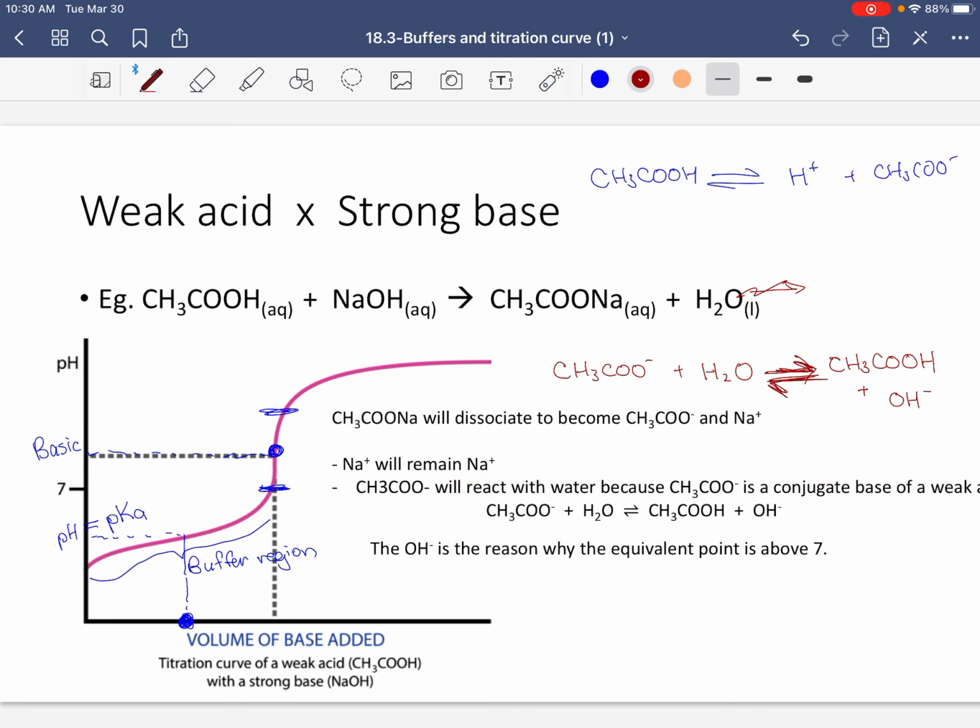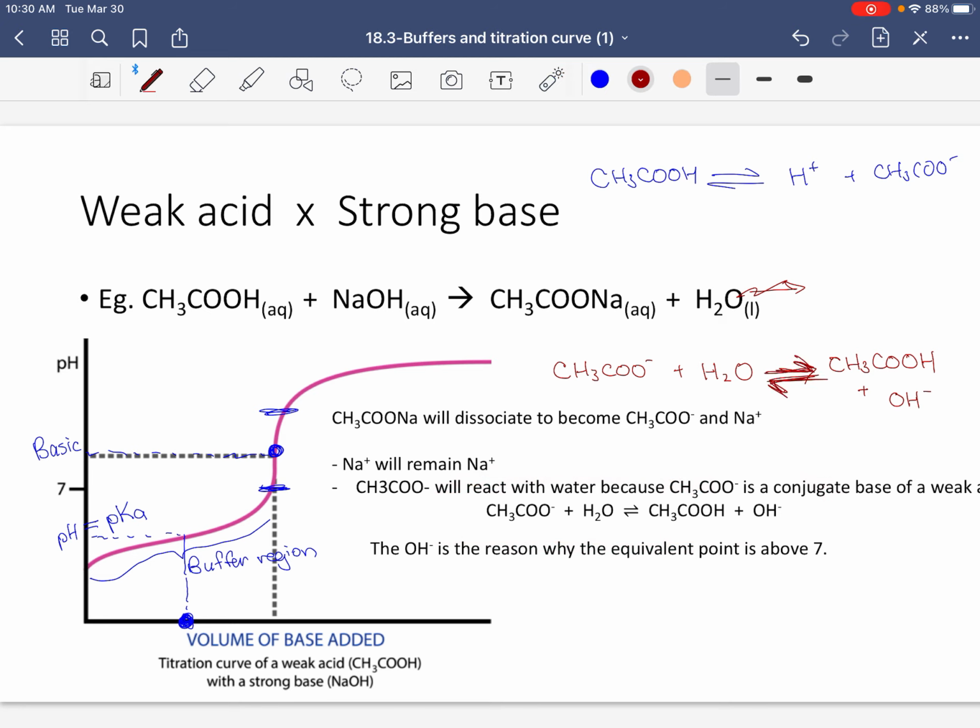So let's just say this is 0.5 molar, this is 0.5 molar. Okay, if you started with 25 milliliters of acid, you're going to use 25 milliliters of base, because that's just when this mole will equal to this mole. But as you monitor your pH, you'll notice that at equivalent point, the pH is not 7.